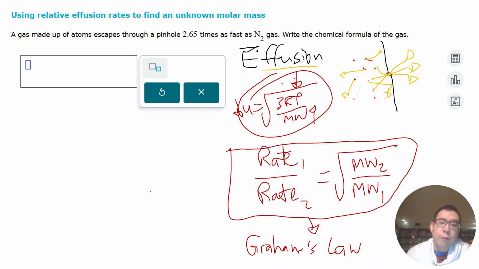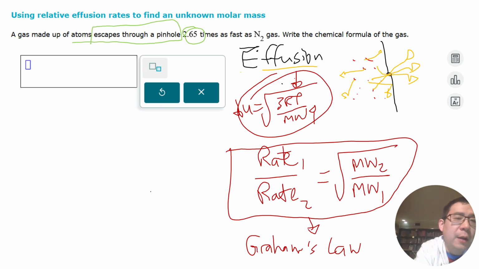So we know the rate of effusion, that's escape through a pinhole. If we know the rate of one, and we know what the gases are, we can figure out the rate of the other. But in this case, we don't have the rate, but we have a ratio: a gas made up of atoms, 2.65 times as fast as N2 gas.